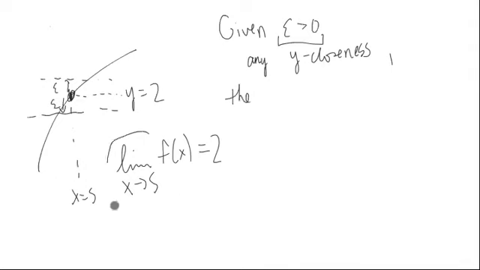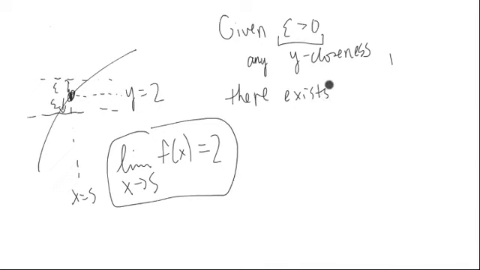So this statement that the limit holds is there exists an x closeness. Okay, so we need an x closeness in here, and we need a term for it, so let's use a Greek letter, delta. So it'd be the distance from here to make that box. Okay, so delta greater than 0.